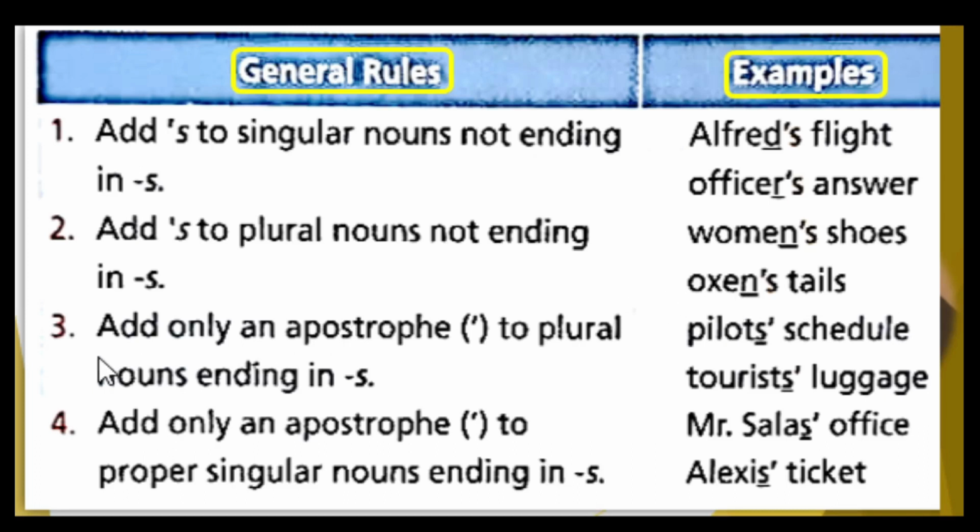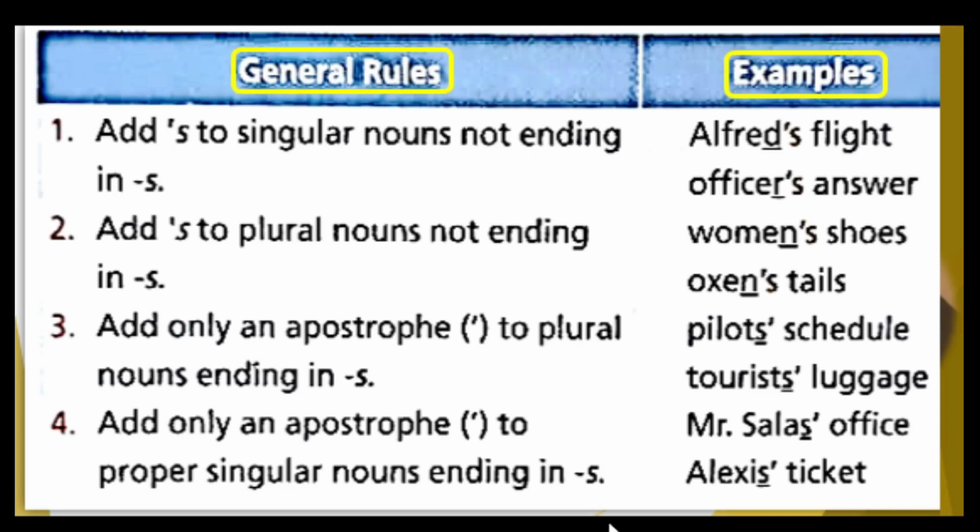Third rule, just add only an apostrophe to plural nouns ending in s. For example, pilots' schedule, tourists' luggage. Fourth rule, but not the least, just add only an apostrophe to proper singular nouns ending in s. For example, Mr. Sala's office, Alexis' ticket.